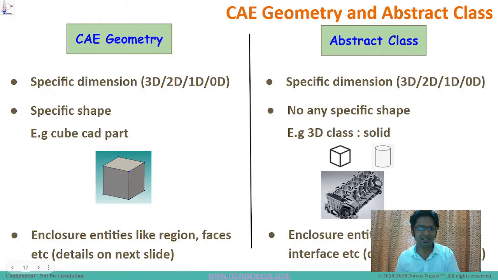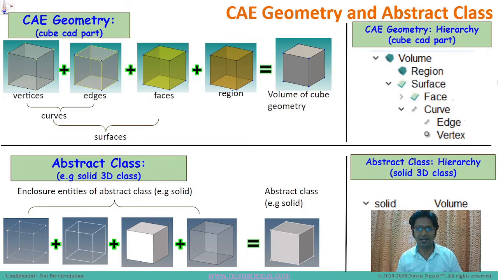CAE geometry and abstract class both have enclosure entities. In CAE geometry, region, faces, vertices, edges are the enclosure entities, whereas in abstract classes, the enclosure entities are the boundary, interface, interior, etc. When I see the enclosure entities of CAE geometry, it includes the region, faces, edges, and vertices.